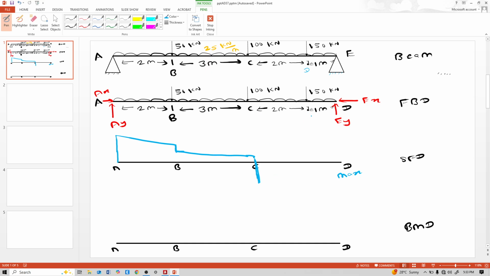Between C and D, this is also inclined, and this 150 is also downward, and the shape is like this. This is positive, negative, and it is maximum at point D.